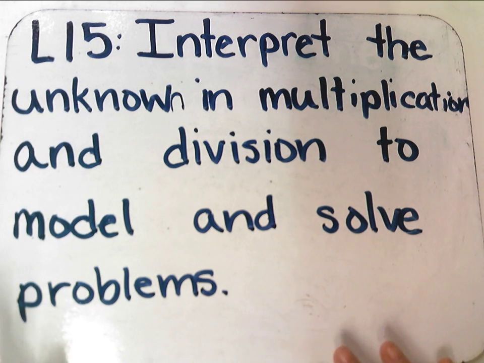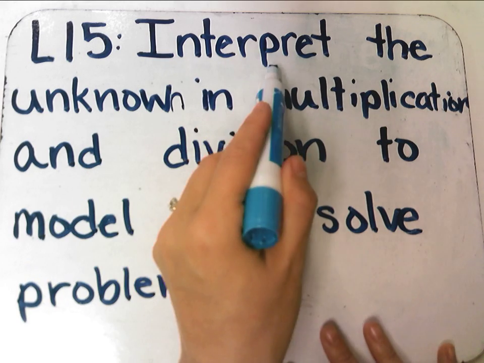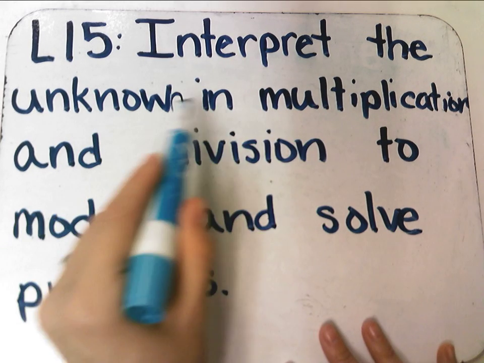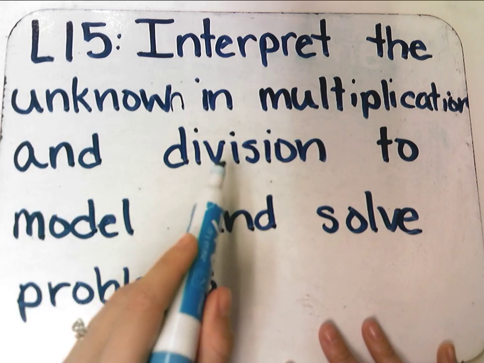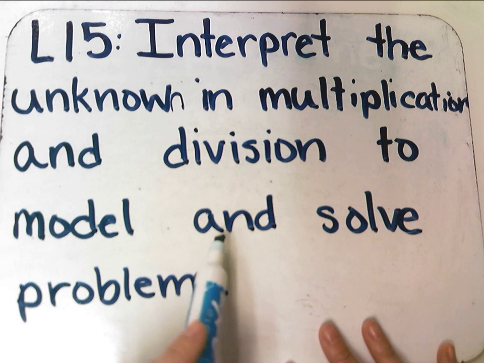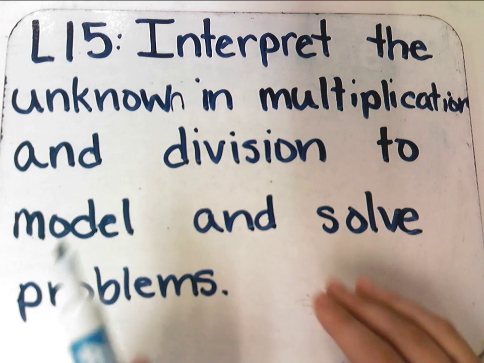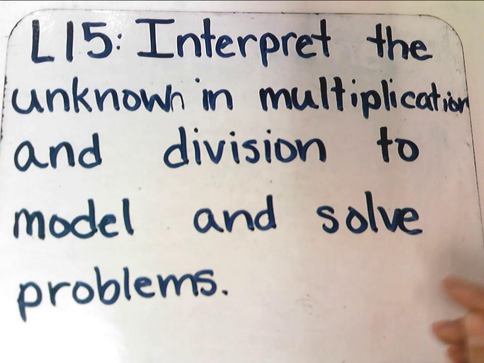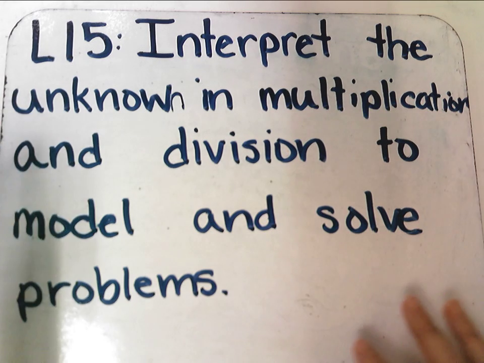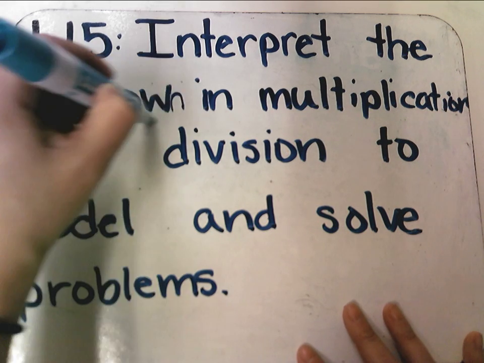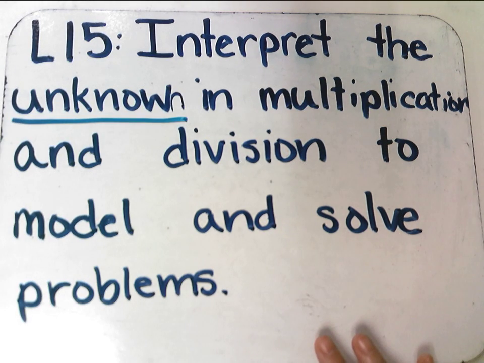And our learning target for today is to interpret the unknown in multiplication and division to model and solve problems. It might be mathematical problems, it might be word problems. You just don't know what's going to come at you today. So again, when I say unknown, it just means the variable.